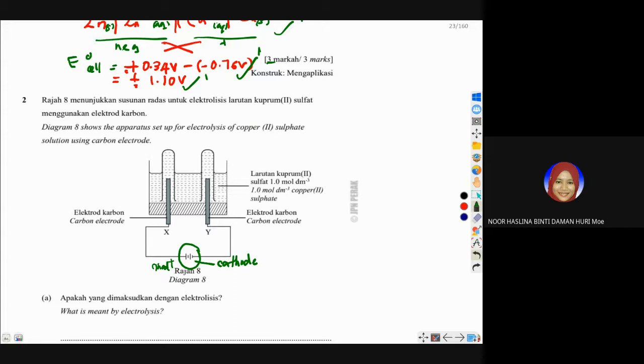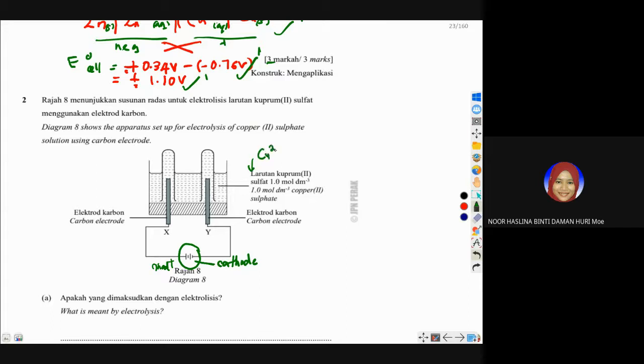So kita ada 3 kan factors. Okay, sama ada concentration, electrodes ataupun inert cell. Tentang inert cell. So what is your electrolyte here? Oh, electrolyte here is copper 2 sulfate solution 1 mole Dm negative 3. Okay, so what is the ion present in this electrolyte? Tulis siap-siap.